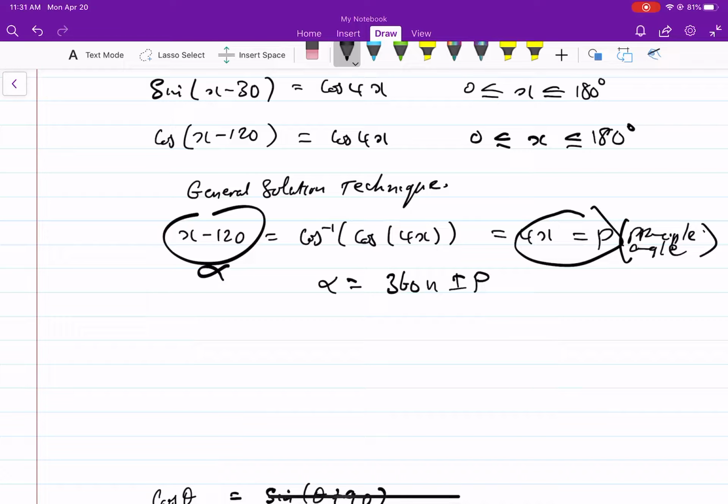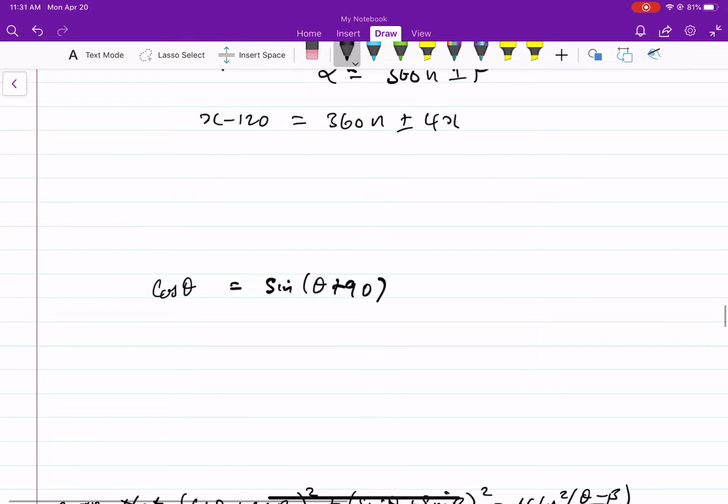Therefore, my alpha in this case is the x minus 120, and that's equal to 360n plus and minus P, and P in this case is 4x.